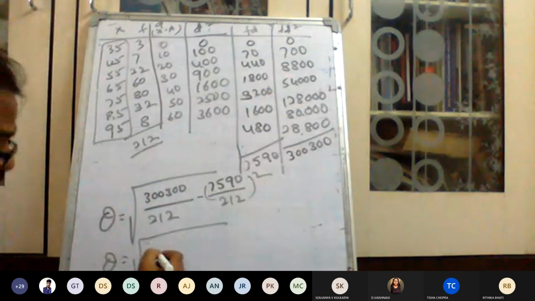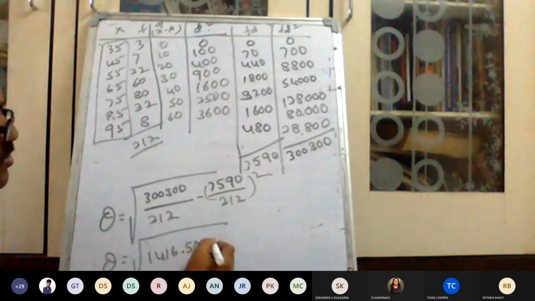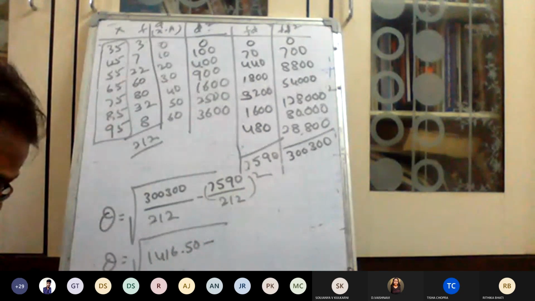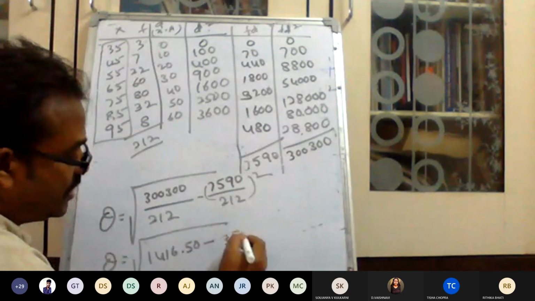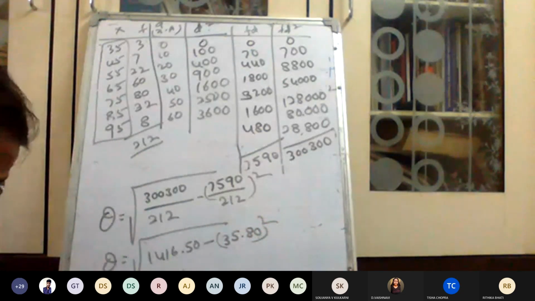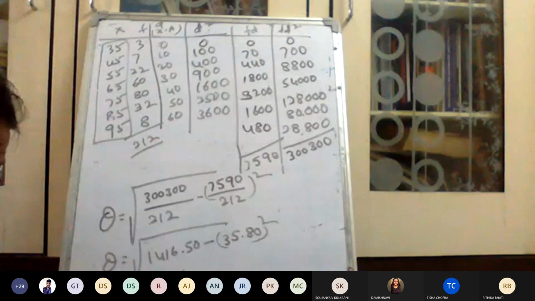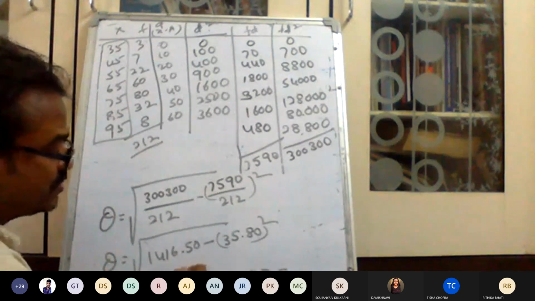So 300, 1,416.50 minus 7590 divided by 212, which is 35.80 whole square. Standard deviation is equal to 1416.50 minus 1281.77.